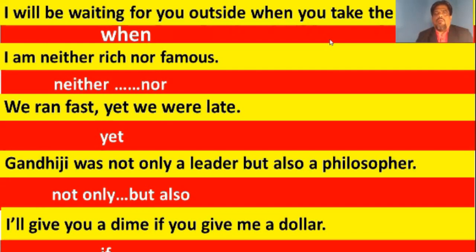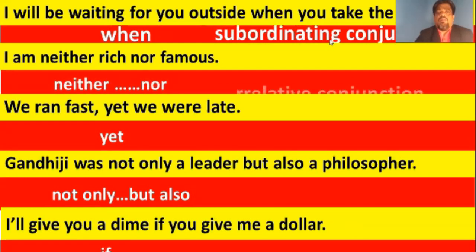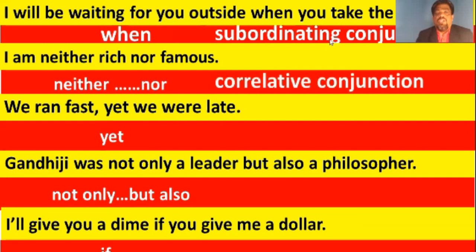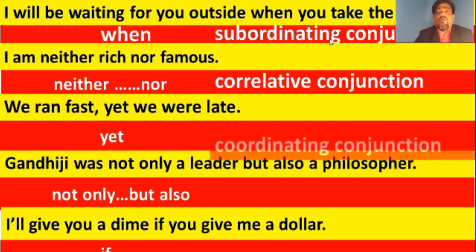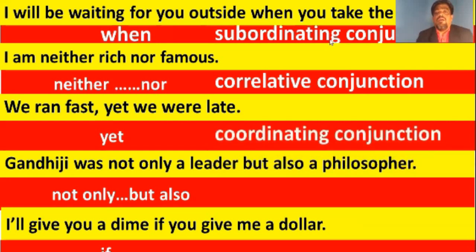"When": the conjunction "when" doesn't belong to the fanboys conjunctions, and it doesn't belong to the paired conjunctions. Therefore, it is a subordinating conjunction. "Neither... nor" is a paired conjunction, of course, no doubt a correlative conjunction. "Yet" is a coordinating conjunction. It is the second last word of fanboys.